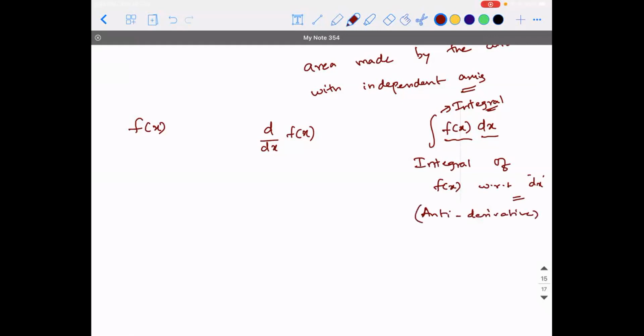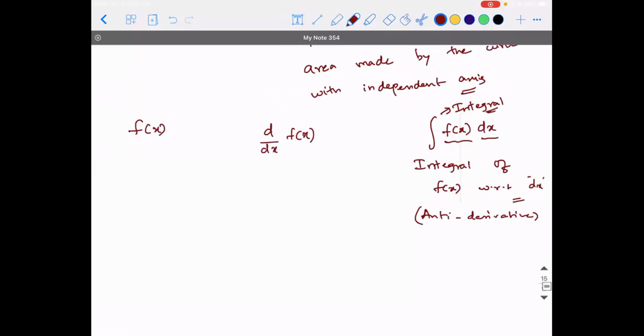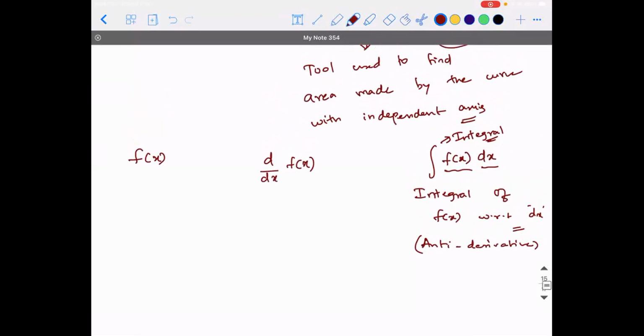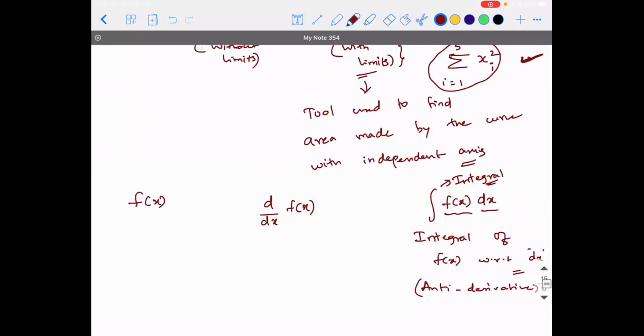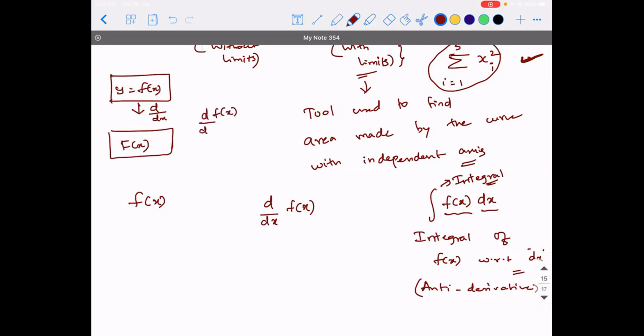There is a reason for it. I'll put a block diagram. Suppose the function that I give you is y is equal to f of x. When you differentiate this, let's say you get capital F of x. So derivative of f of x with respect to dx is capital F of x.